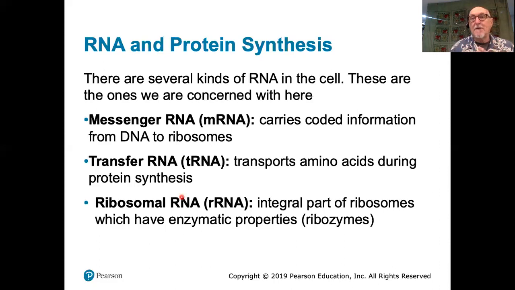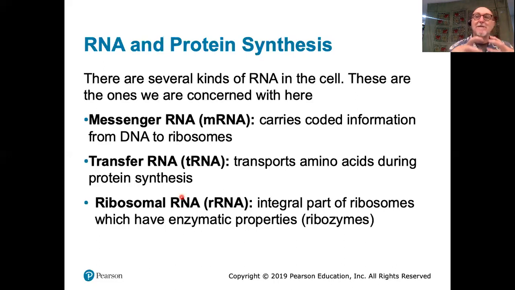The last kind of RNA that we are going to talk about is the RNA which is included in the structure of the ribosomes. And this is ribosomal RNA. And ribosomal RNA has two distinct functions. The first is it's a structural element. It actually builds the body of the ribosome.